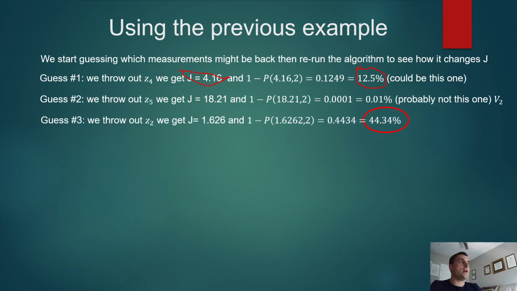So then instead we try Z2, and we get 1.626 for our J, which gives us a 44.34% probability that the estimations now make sense. So as I said before, with 2 degrees of freedom, you often won't get a clean solution, but it's most likely that Z2 was the measurement that had been attacked or was being compromised, since this raises the probability so dramatically.